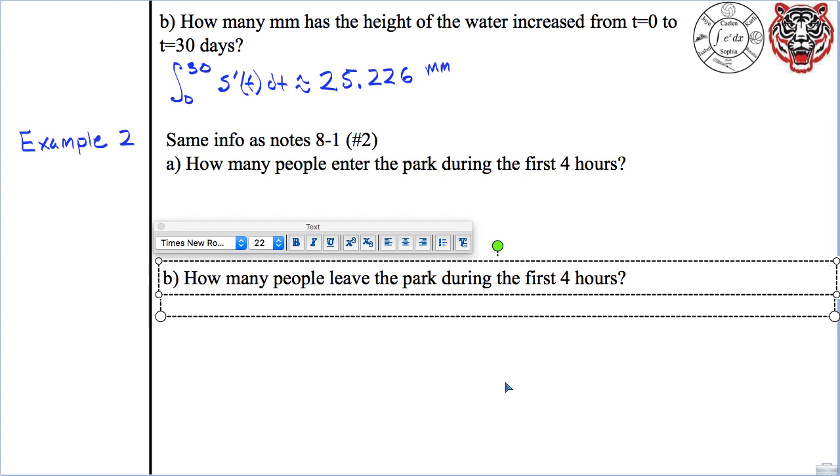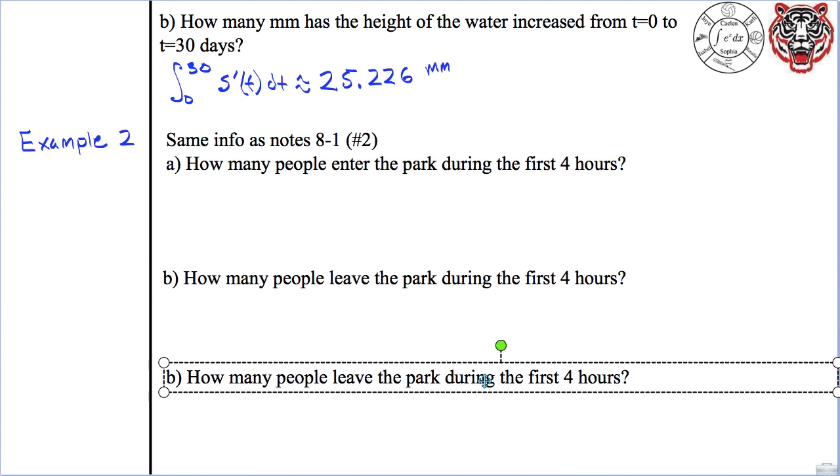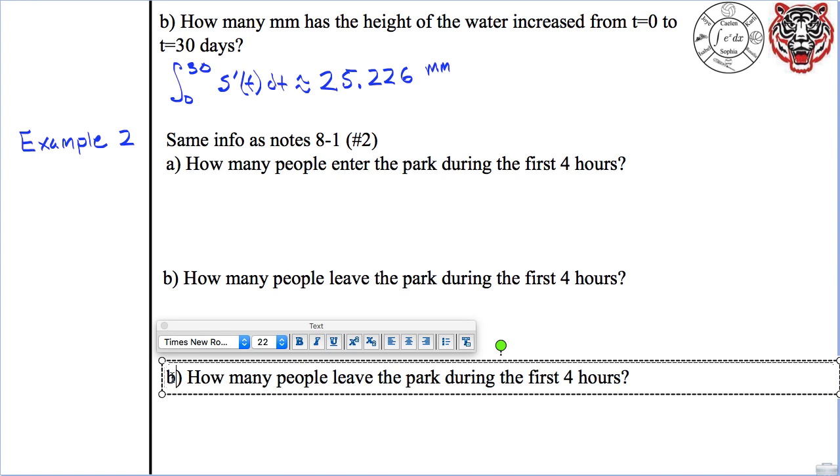And the last question, it's part C. What is the total change in the number of people during the first 4 hours?